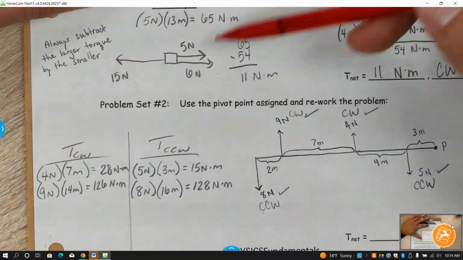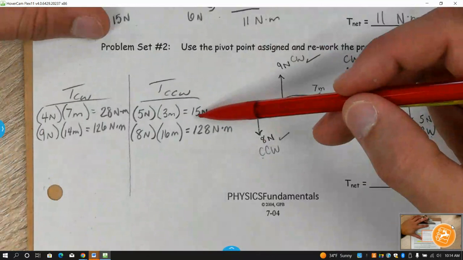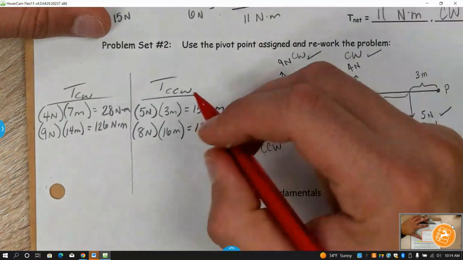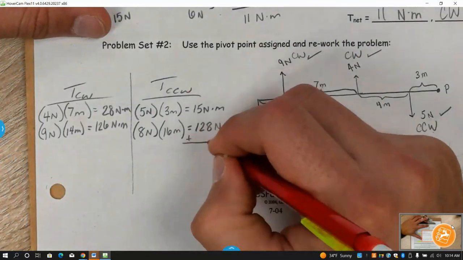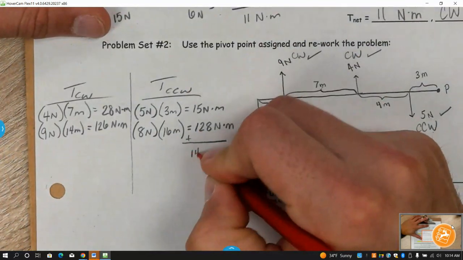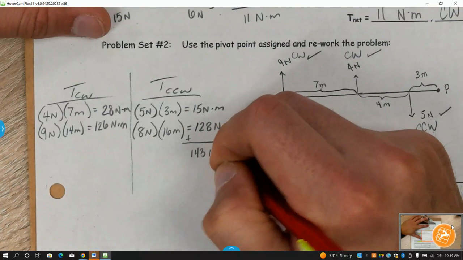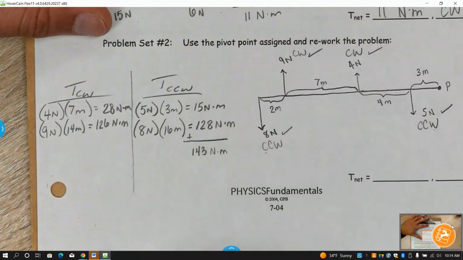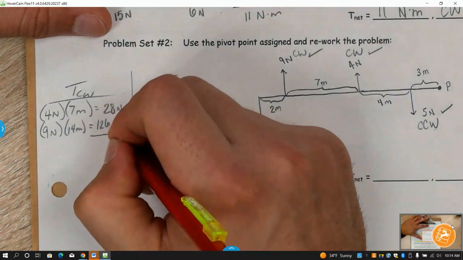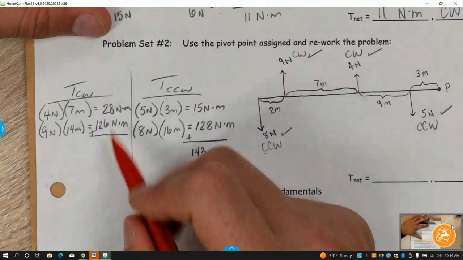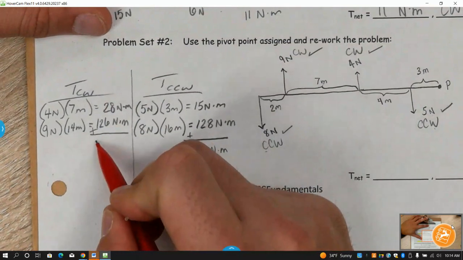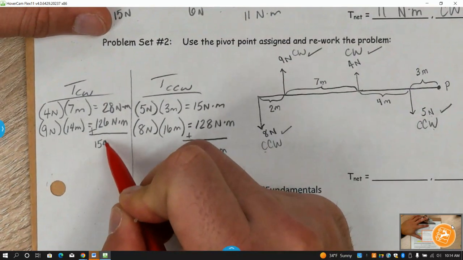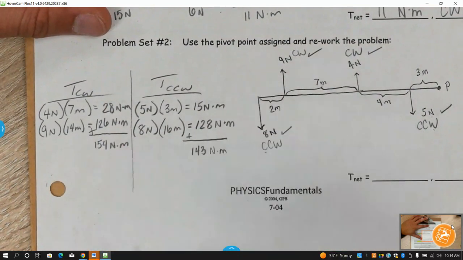So 5 and 6 would have been 11. 28 plus 15, if we add them, should come out to be 143 Newton meters. And on this side, if we add them, this should come out to be 154.